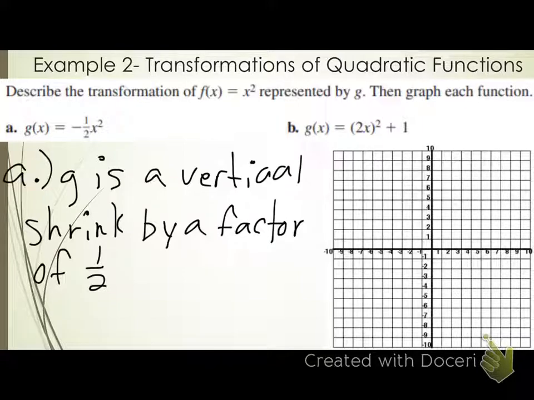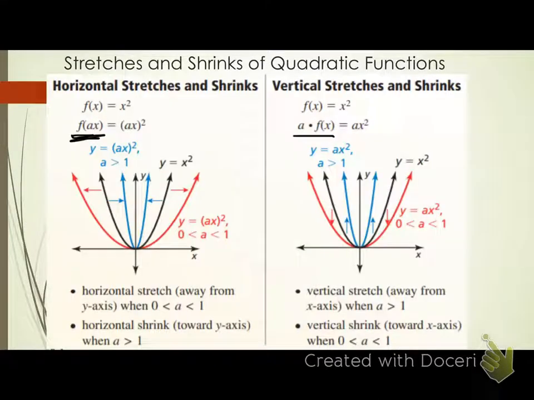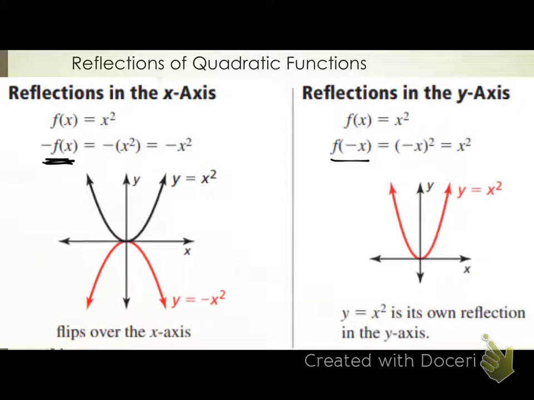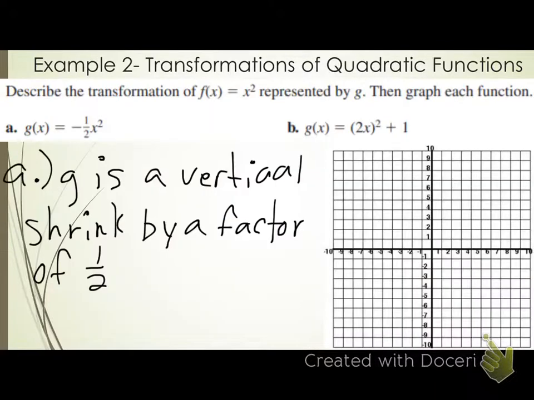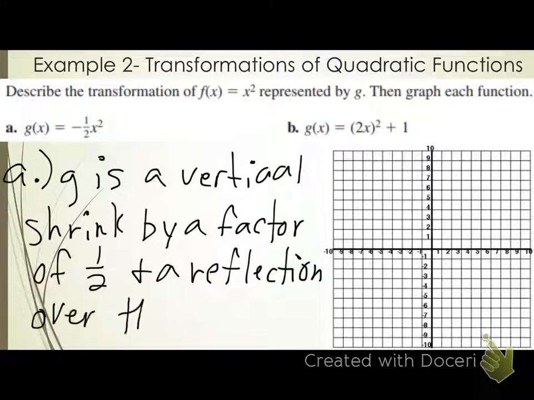Why is it a reflection over the x-axis? The negative outside the grouping symbols, right? So if I have a negative outside the grouping symbols, I know it's a reflection over the x-axis. So G is a vertical shrink by a factor of 1/2 and a reflection over the x-axis. Does that make sense? Questions on how we're describing our transformations based on the function.